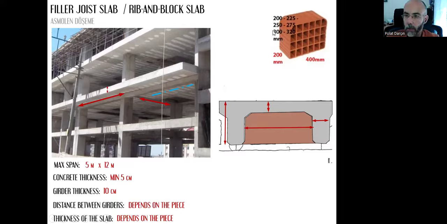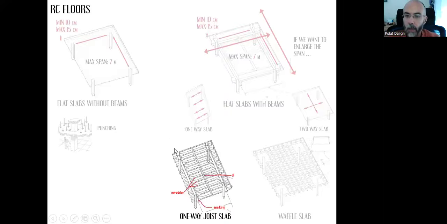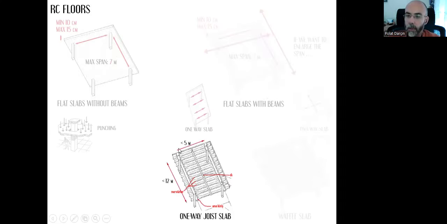If you prefer 30 centimeters, we need to add 5 centimeters for the concrete slab thickness. So in total, it will be 35 centimeters. For one-way joist slab, either filled or unfilled, it doesn't matter. The maximum distance in this direction is 5 meters. Maximum distance in this direction, it's 12 meters.